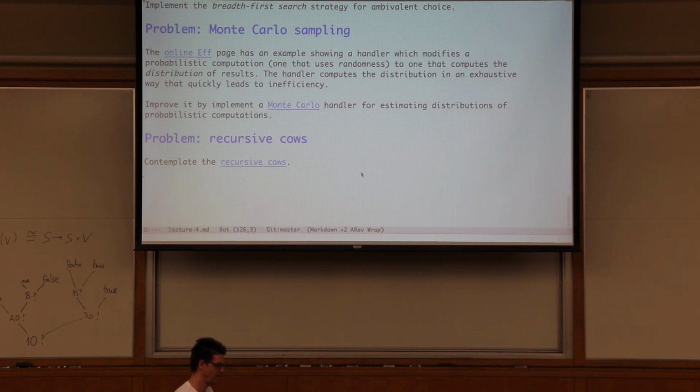And I'm not going to say anything about this, but this is a warning about the fact that effect systems and effects can be weird. Okay, it's an example where recursion appears out of thin air. Okay, and you should try to understand it. Okay, I'll stop here. Thank you.